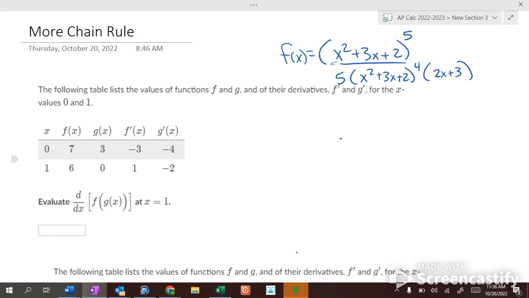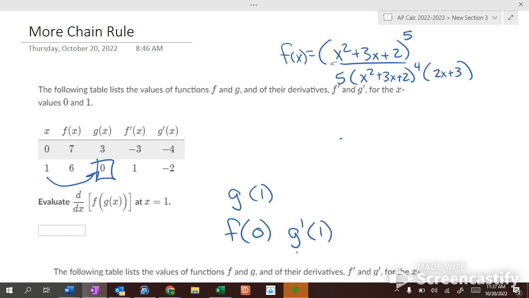So, if we want to find the first derivative of f of g of x at x equals 1, we take the inside function, g of 1. What does g of 1 equal? 0. So then we have to find f prime of 0 times the first derivative of g at 1.